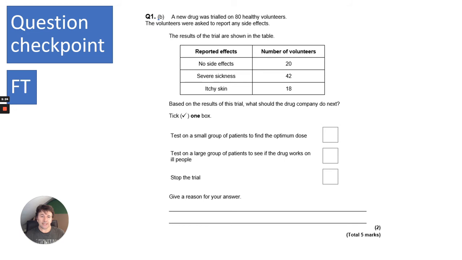Question 1B. So again, I'd like you to pause, read and answer in 3, 2, 1. Okay, so they talk about 80 volunteers being asked to report any side effects. And they show the results, so you can see the reported effects. And it says, based on the results of this trial, what should the drug company do next?